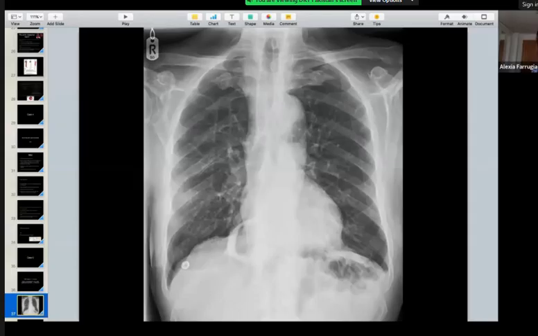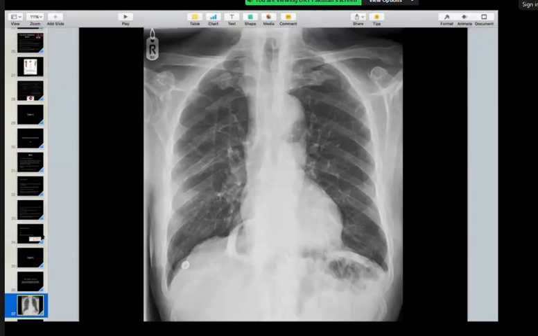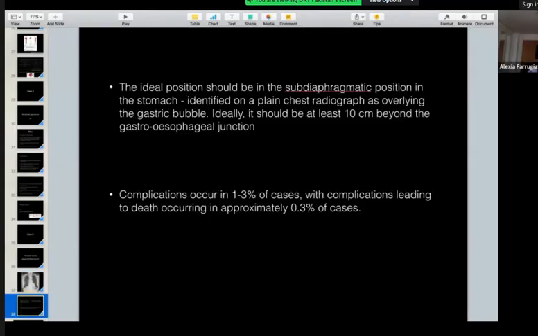That's right. So what would you do in your clinical practice? I would immediately inform the team that it's not in the correct position and advise that they reassess and try reinsertion. Good. So the ideal position for the tip of the NG tube should be in the subdiaphragmatic position, typically overlying the gastric bubble.